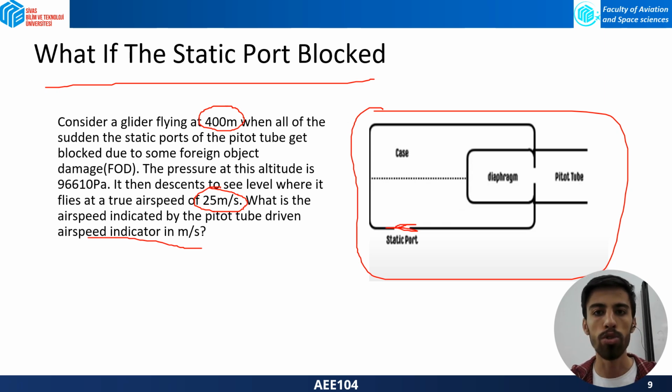There is no other hole, and your static pressure at this port will be constant. It's not changing. But in your diaphragm, your static pressure is changing. Also, you have the dynamic pressure. So in this situation, your pitot tube evaluates your speed falsely. We will see it on the next page.